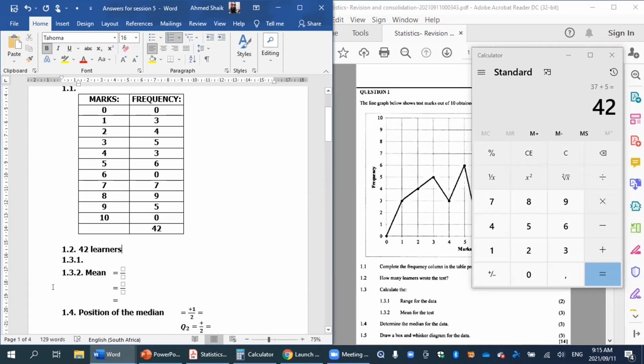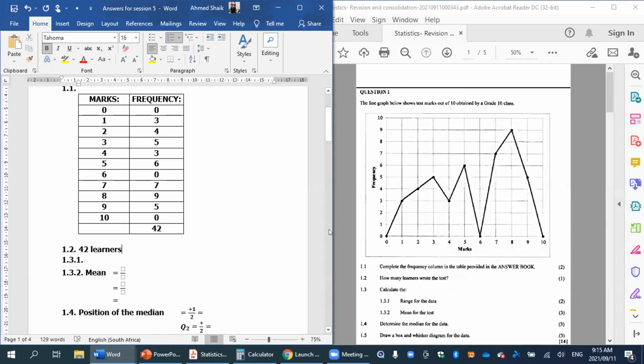For question 1.2, let's look at question 1.3.1. It says to calculate the range of the data. In order for us to calculate the range, we need to look at the highest value in our data set and subtract the lowest value in our data set.